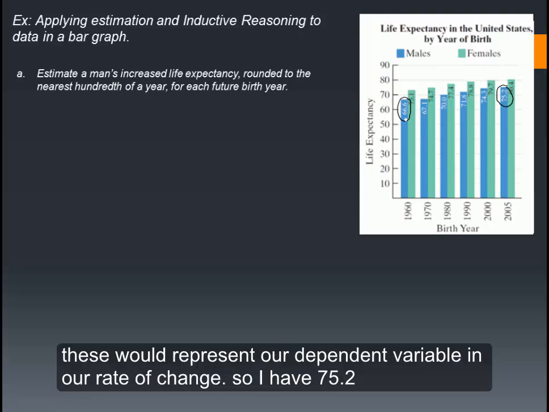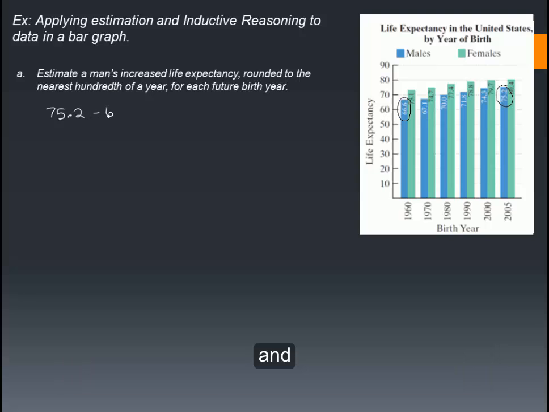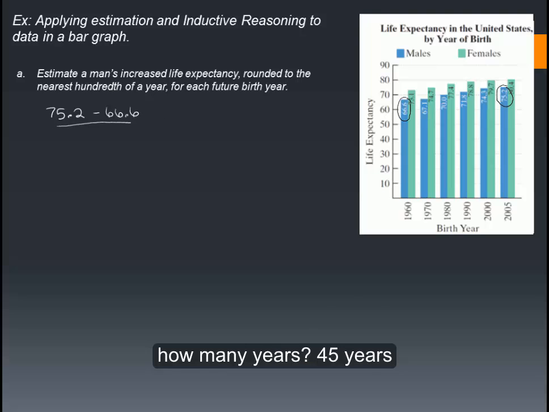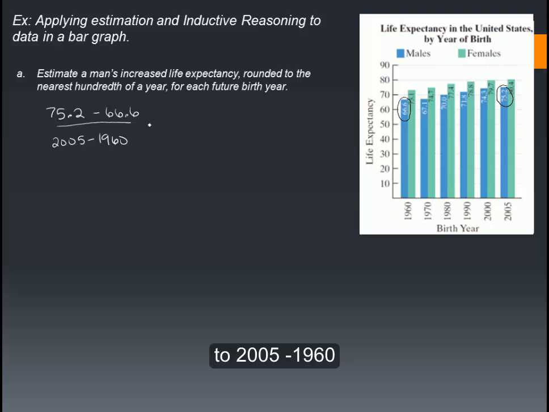These would represent our dependent variable in our rate of change. So I have 75.2 and 66.6. And we're talking about how many years? 45 years. So 2005 minus 1960.